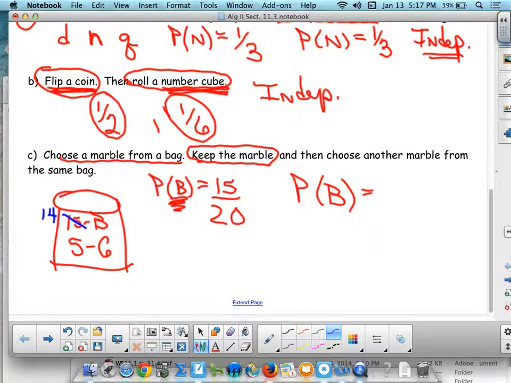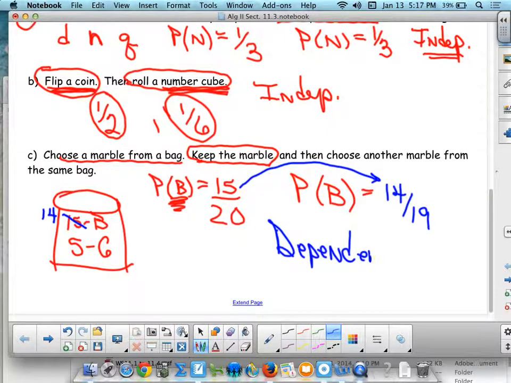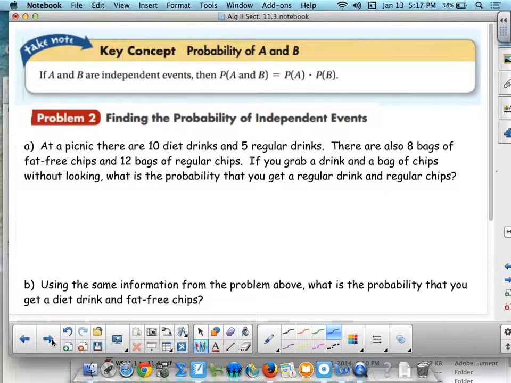So now the chance of picking a blue is 14 out of 19. So did the probability change? Yes, it did. So this one is called dependent. Okay? So there's your dependent event. Hopefully that explains the difference between dependent and independent.